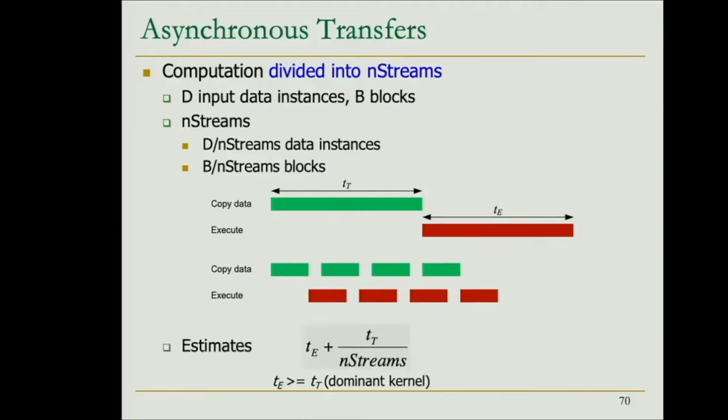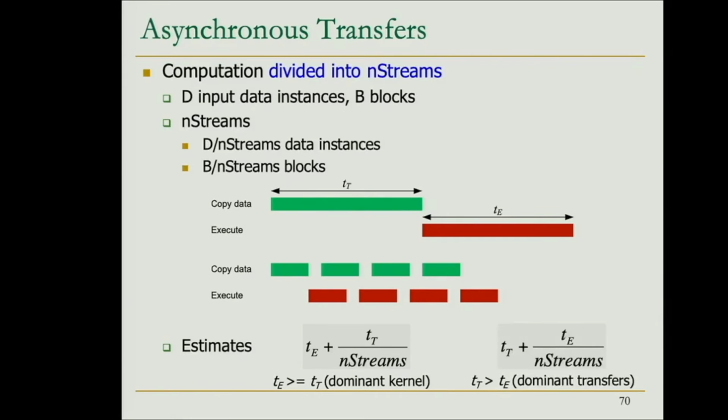For example, these are just some estimates of how much I can save, right? So if I have N streams and the execution time of the kernel is longer than the time for the transfer, what I would be hiding is the transfer, right? So the only thing that I will see here is this piece, the transfer time over N streams, and then what I see next is this execution time, right?